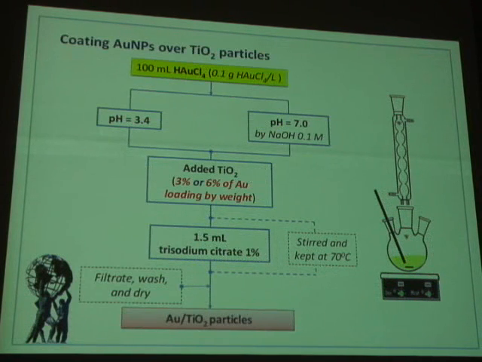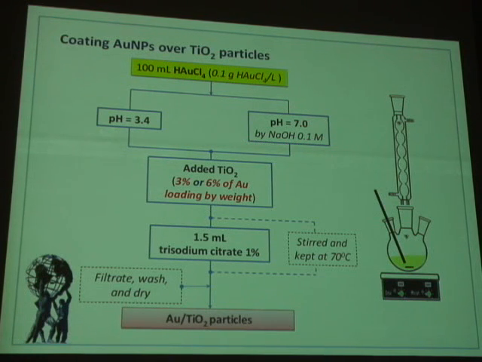We also coat gold nanoparticle over the titanium particle by this procedure in two conditions, pH 3.4 and pH 7. pH 3.4 is the pH of gold chloroacid by itself, and at 7 we add sodium hydroxide 0.1.